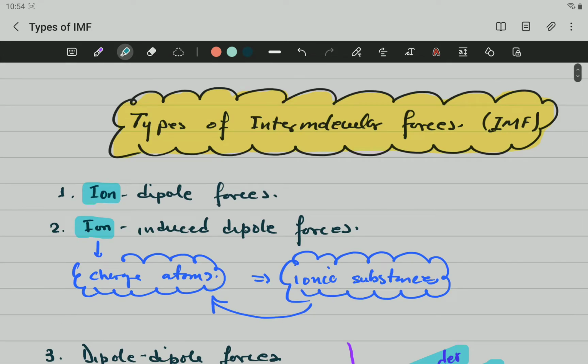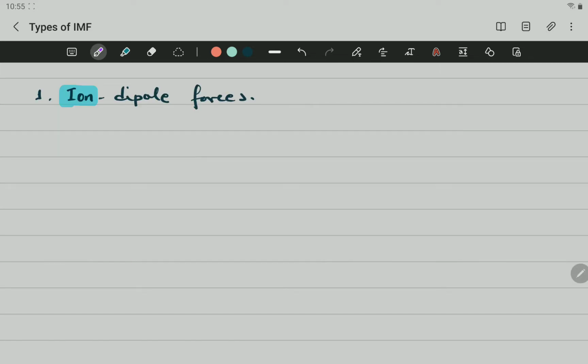So let's go to the first force, called ion-dipole forces. This type of intermolecular force will generally happen when ionic substances are dissolved in polar solvents.